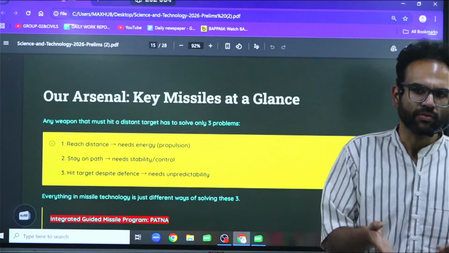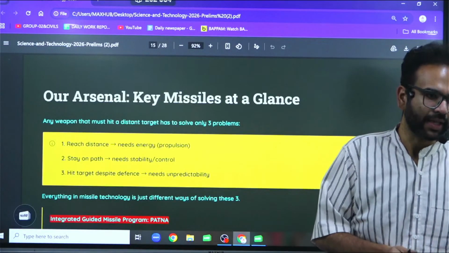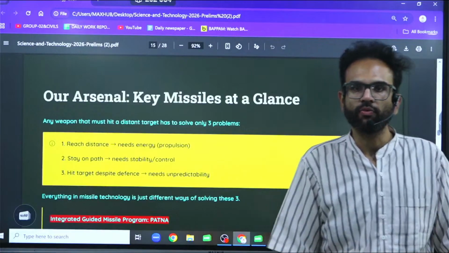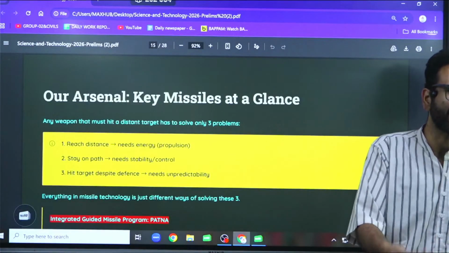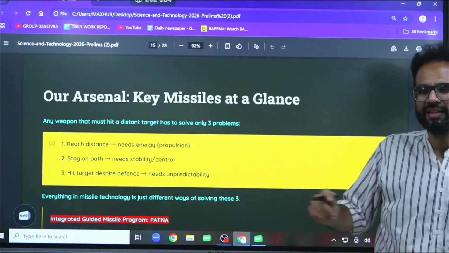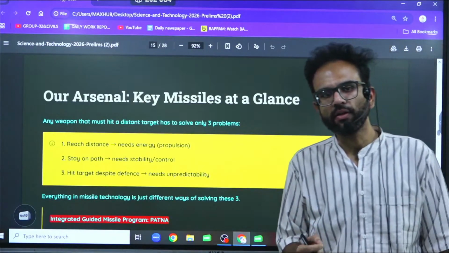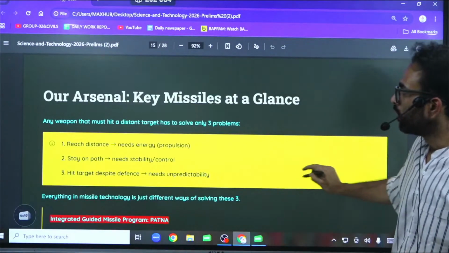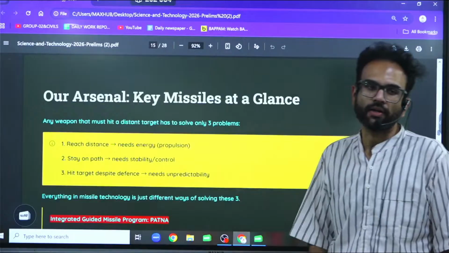Traditionally, no country will allow their land to be used as the domain of warfare because it will unnecessarily drag them also into war. So, a missile is a strategic weapon that will give security to a country. So, this is the distance part.